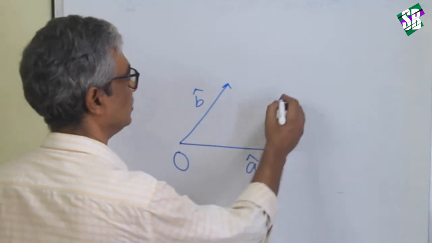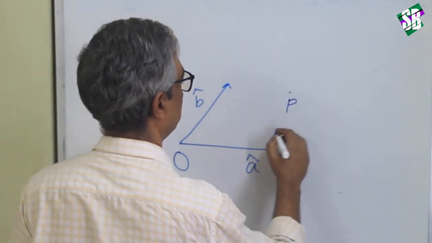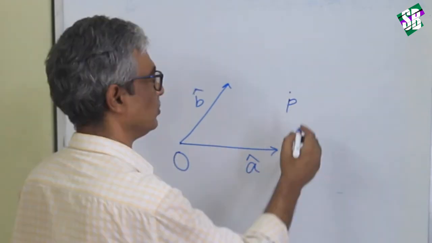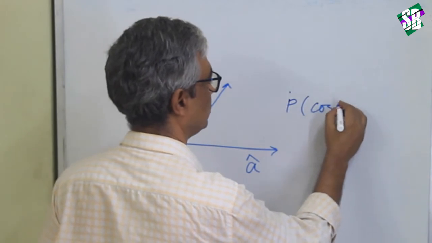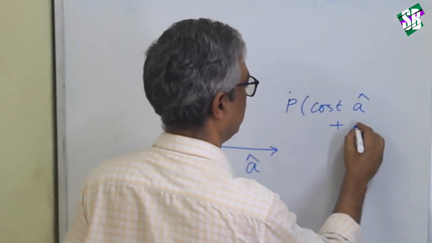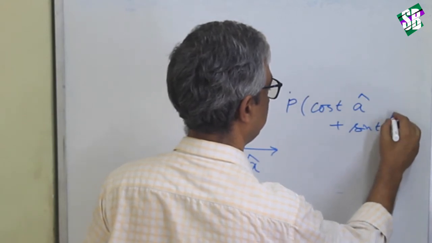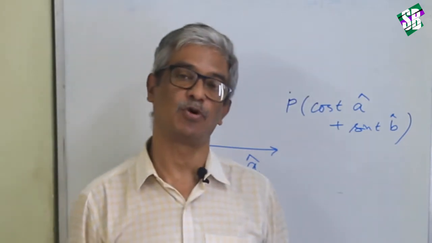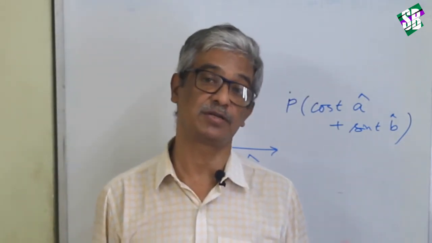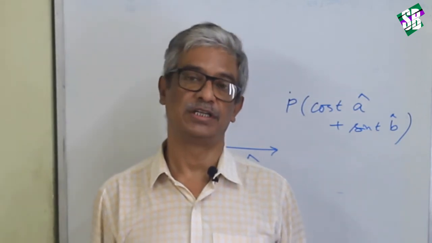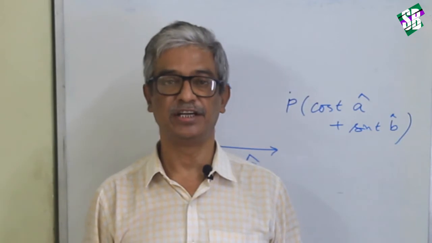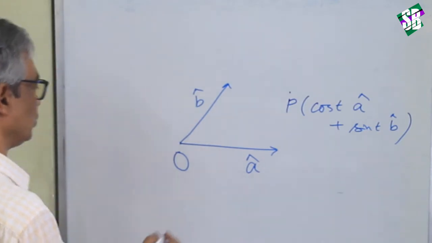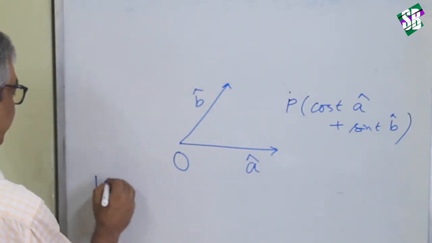And now there is a point P where OP vector, means the position vector of P, is cos t a cap plus sin t b cap. And now when P is farthest from the point O, then capital M is the magnitude of OP vector. Okay. So what is OP vector?